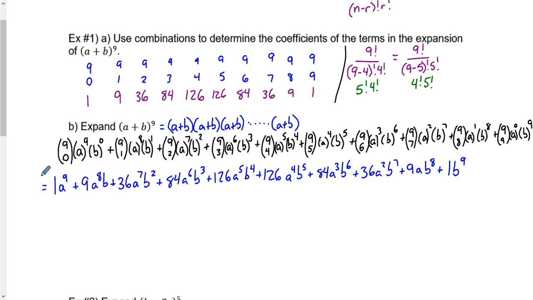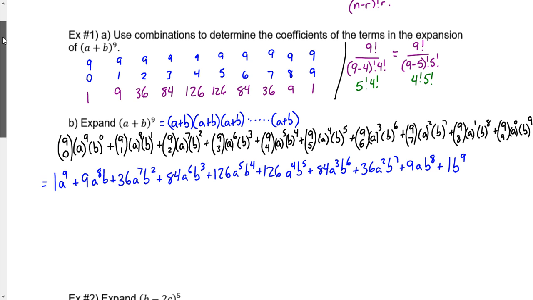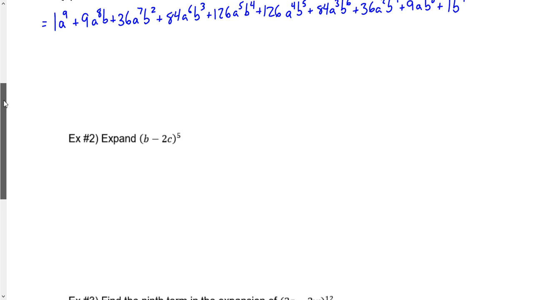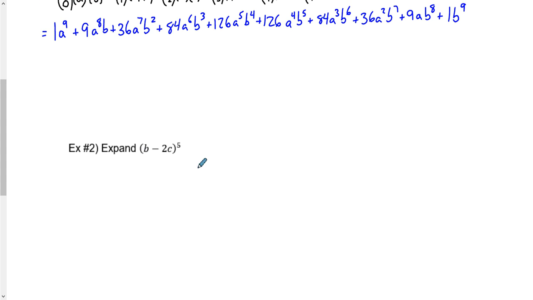Yes, it takes time, but at the same time, this is going to take a way shorter amount of time. So now we're going to apply that same bit of stuff to this one. We have a power of 5 though. So we're going to have 5C0 as our coefficient.